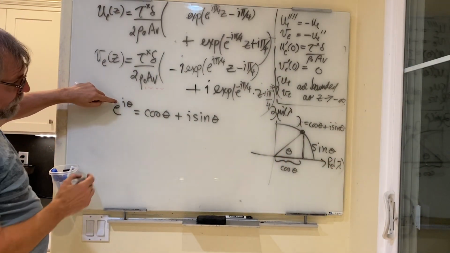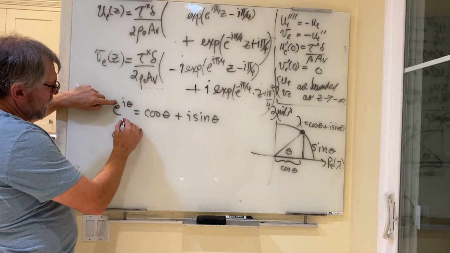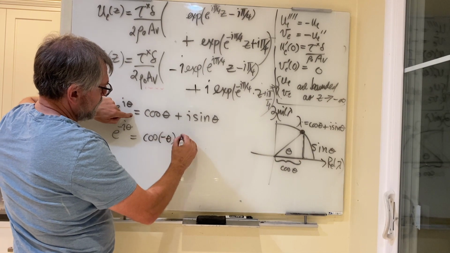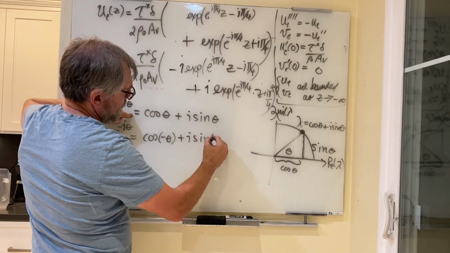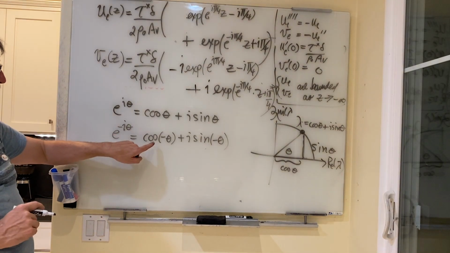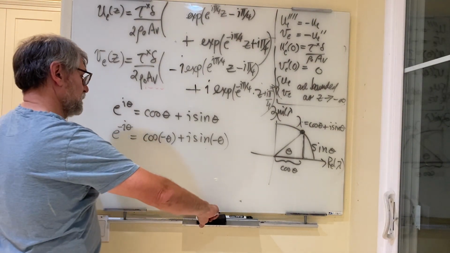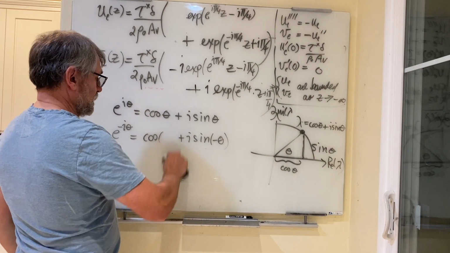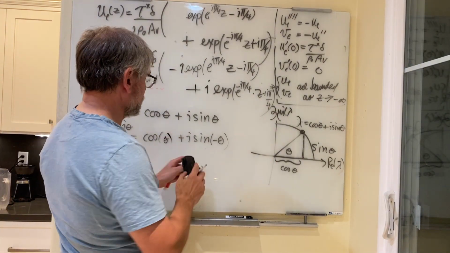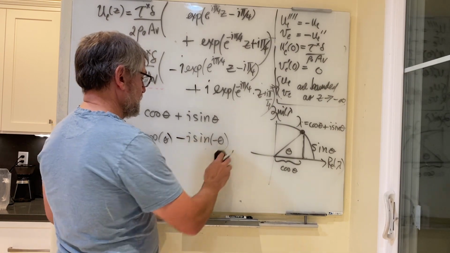So, therefore, if I plug in e to the minus i theta, then I get cosine of minus theta plus i sine of minus theta. And then the cosine function is an even function, right? Cos of minus theta is cos of theta. But sine is an odd function, so this becomes negative, and I just have theta.